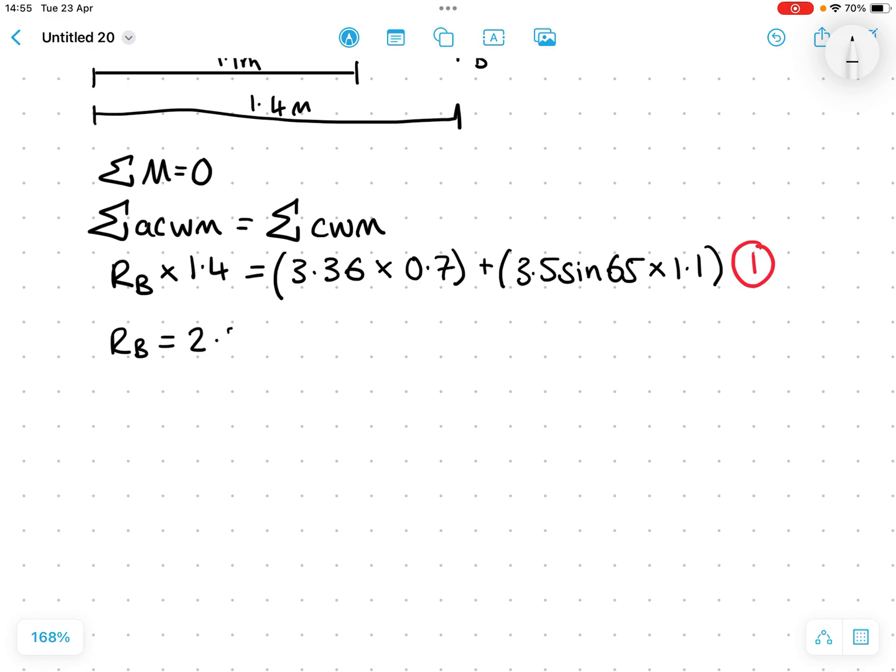That would give me 2.352 added to 3.489. That's all divided by 1.4.